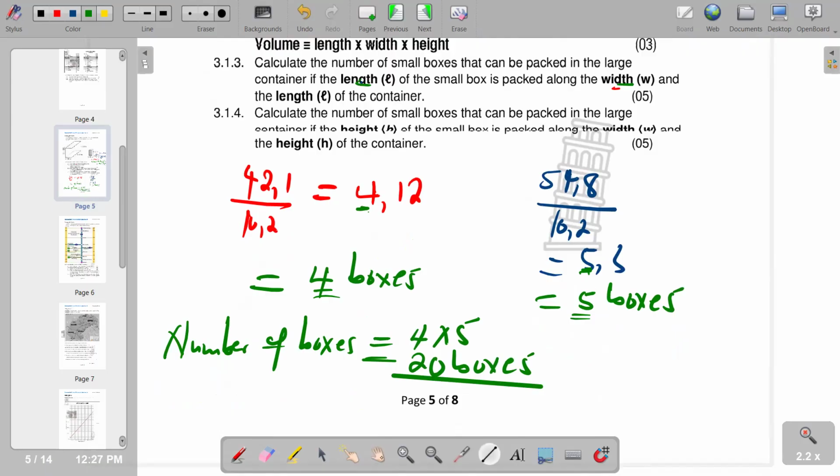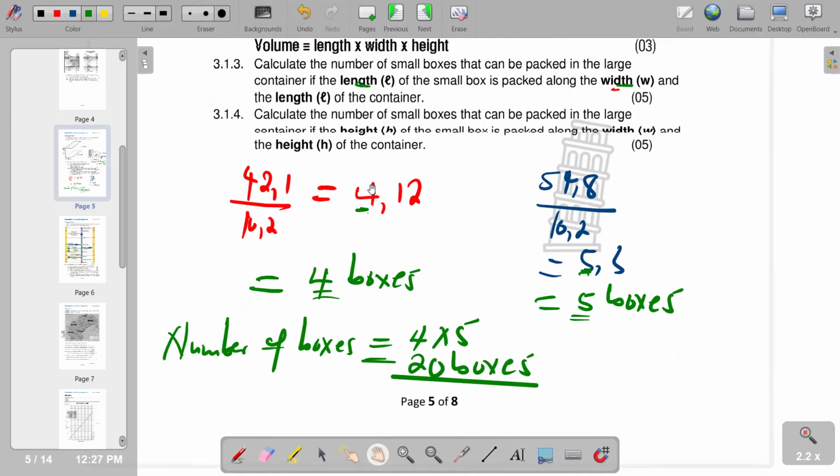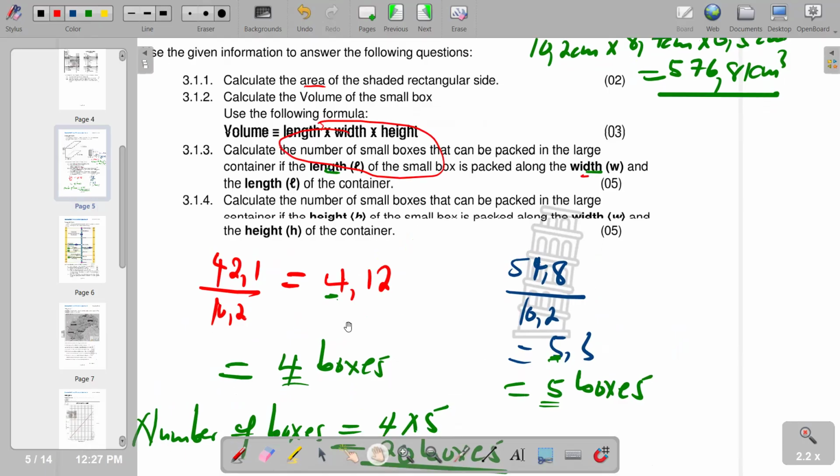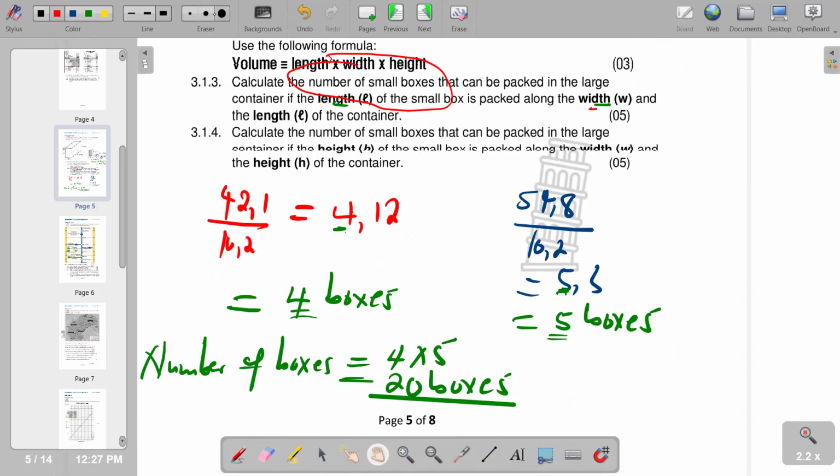So this is what is being asked: the number of small boxes, which we have as 20 boxes. So that's what we have for that part. Then we move on to the next question.